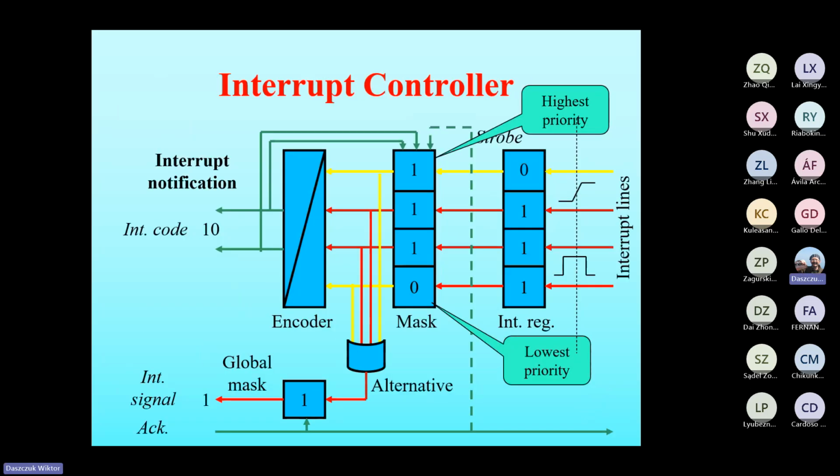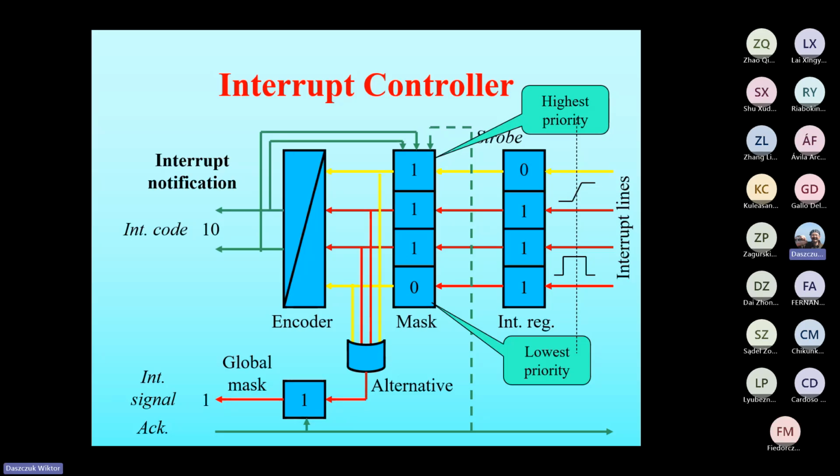Let's look closer inside interrupt controller. It is built of several registers and some combinational circuits. Red lines are in active state. Green and yellow ones are passive state.